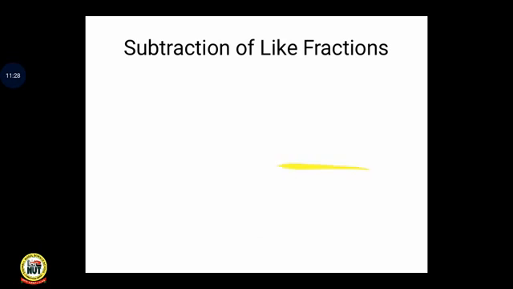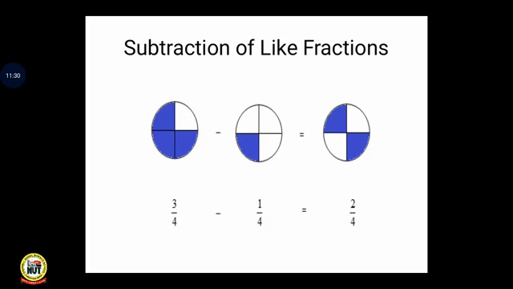Now, let's have a question here. We have 3 over 4 minus 1 over 4. 3 minus 1 is 2. You repeat the denominator, which is 4. So 2 over 4. You take away 1 from 3, you have 2 over 4.